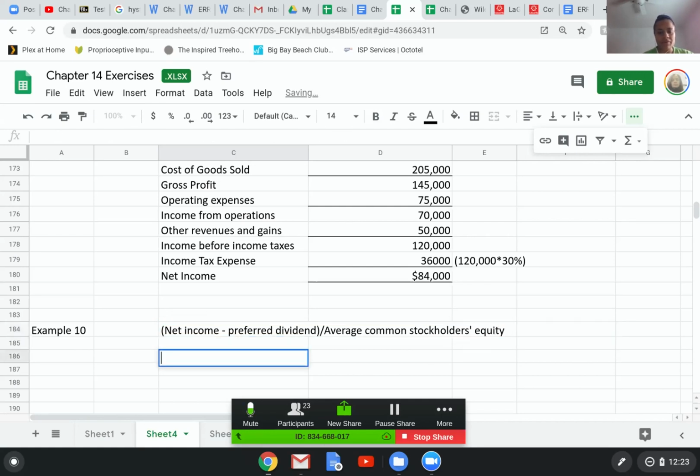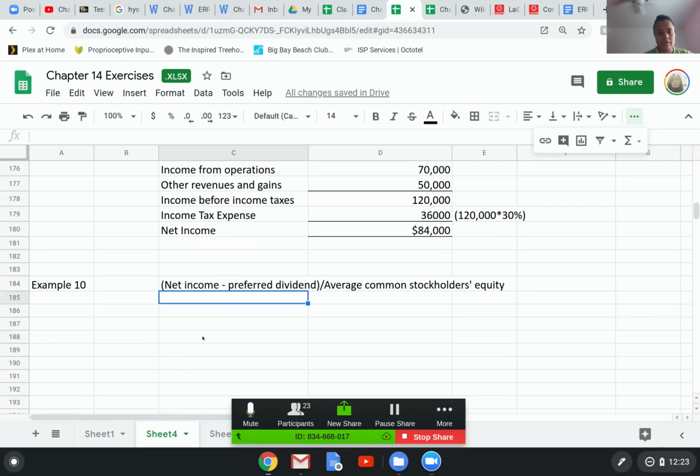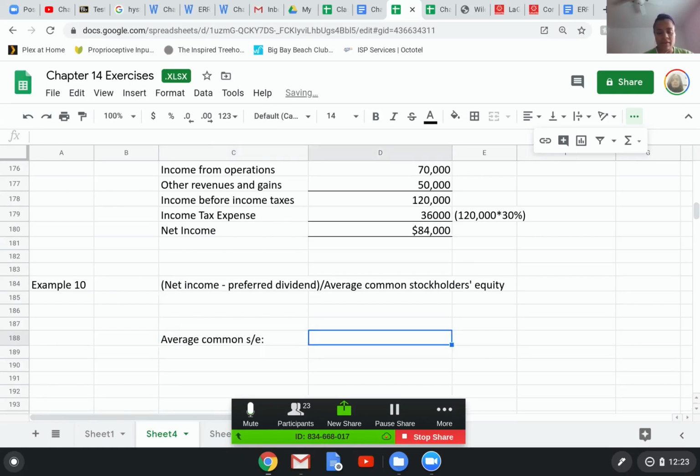So we might as well start by calculating the average common stockholders' equity. That's going to use the numbers that we were given.